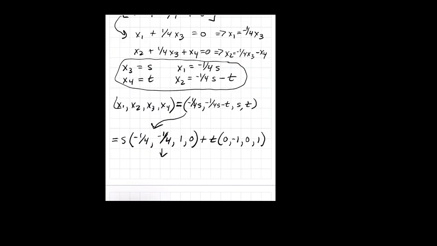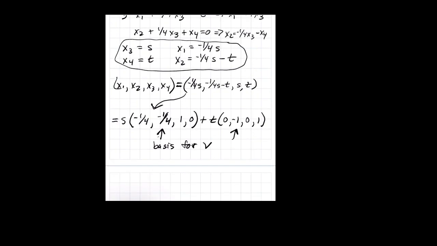So this vector and this vector are a basis for v. And how many vectors are there? 2. So your dimension here is 2.